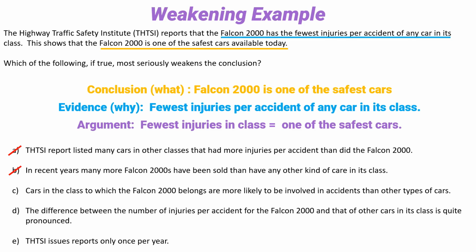So that means how it performs in its class doesn't really tell us anything because maybe its class is a super safe class, or maybe its class is a super dangerous class. We just don't know. So its performance within the class doesn't tell us if the car is safe overall. So D is out. E, obviously not helpful. So we're going to go with answer choice C. Okay, very nicely done.